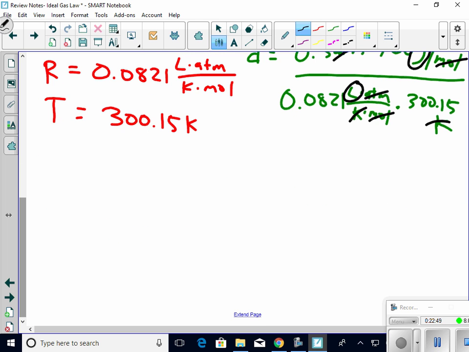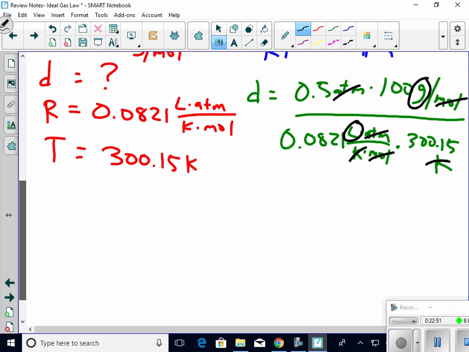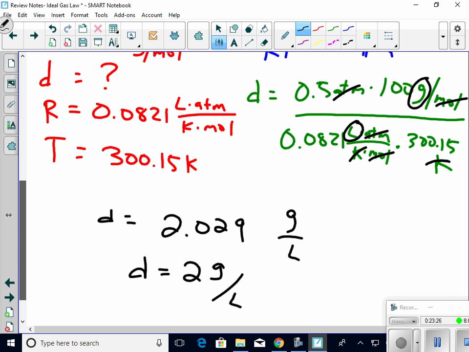Is grams over liters an appropriate label for density? Yeah, it is. When I do my math, I get 2.029 for my density. I go back and I know that I have 1 sig fig, 0.5. My 100 is 1. So it's just going to be 1 sig fig. So my density is going to be equal to 2 grams per liter.